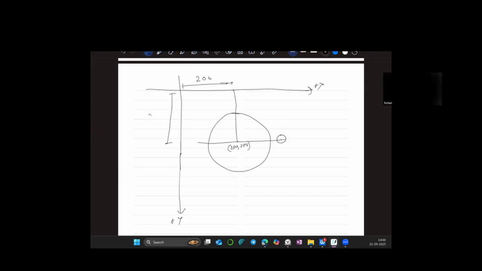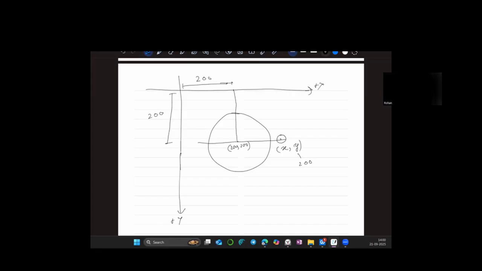Similarly, this is 200. So for this point, we want to figure out the x and y coordinates. The y coordinate is going to remain the same because this is the same height. So y is going to remain as 200.